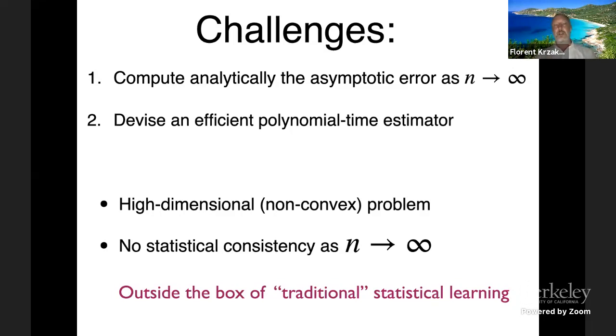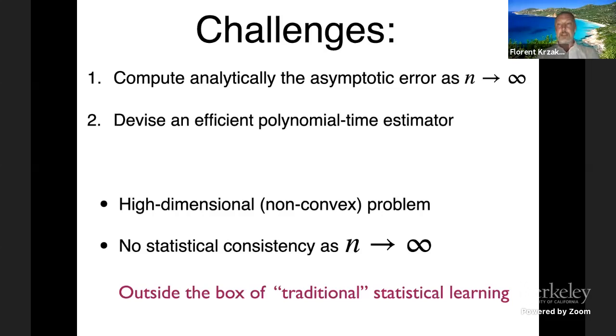Of course, this is hard because this is precisely the kind of problem we're interested in. It's a high-dimensional non-convex problem. So it's not easy. And it's outside of the box of old-fashioned statistical learning theories because we don't have statistical consistency. This is really one of these high-dimensional problems where things are not easy.